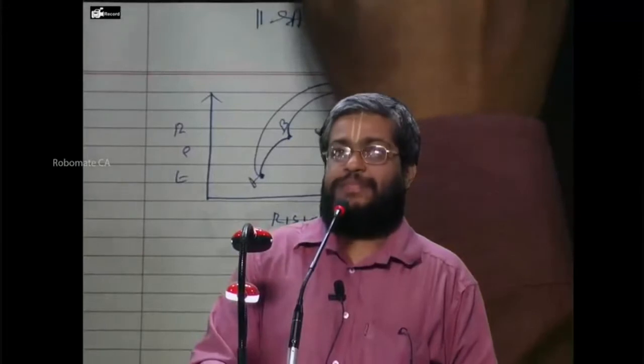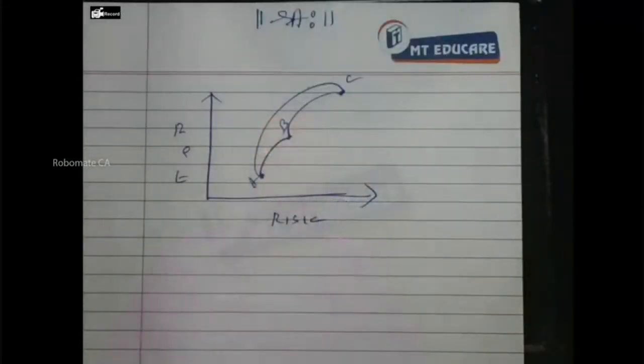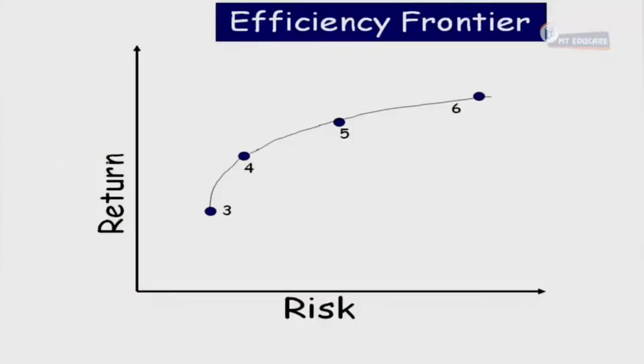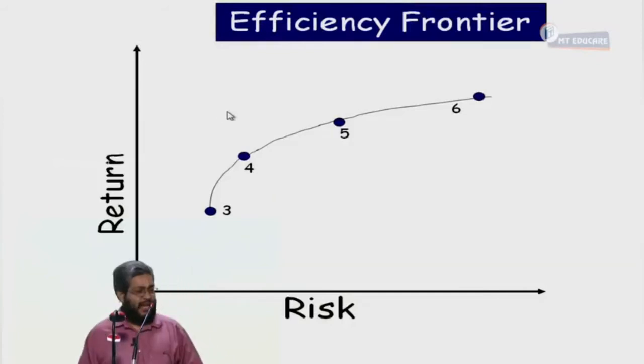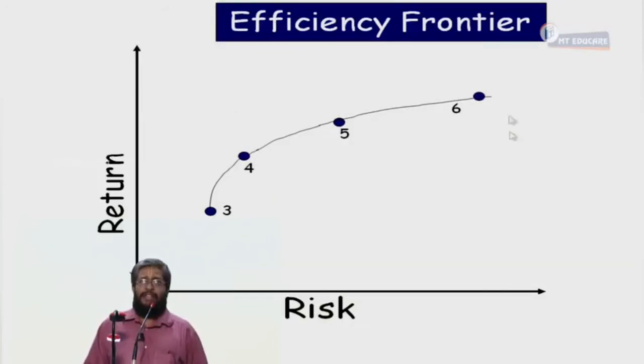Now, next. In the share market, there are so many shares. I will not invest in those shares or those portfolios of shares, it may be one share or a portfolio, which are lying below the efficiency frontier.